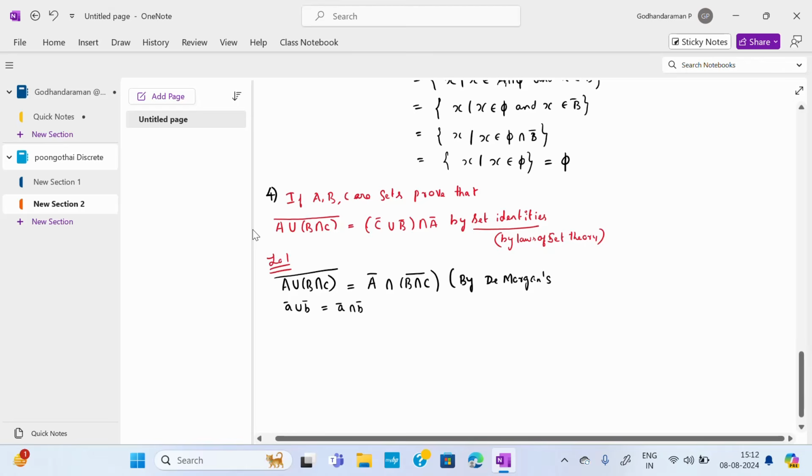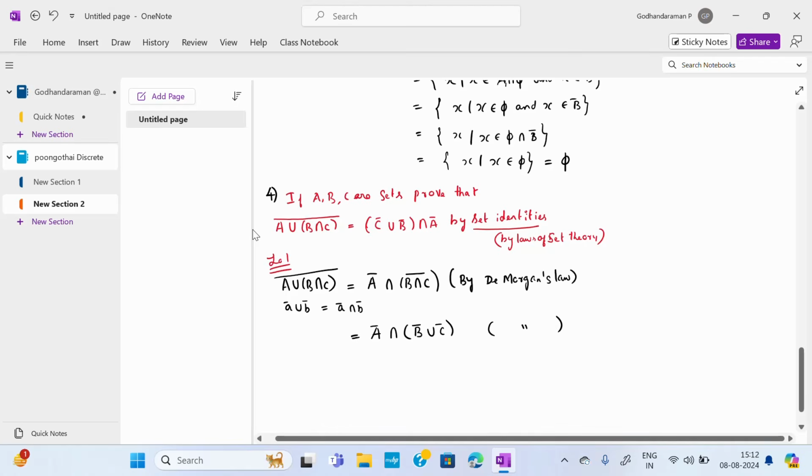Okay, completed. Next step, you check it, again I can apply De Morgan's law, only to this part. So A bar as it is, A bar intersection, again I will write with De Morgan's law, B bar union C bar, by the same law.